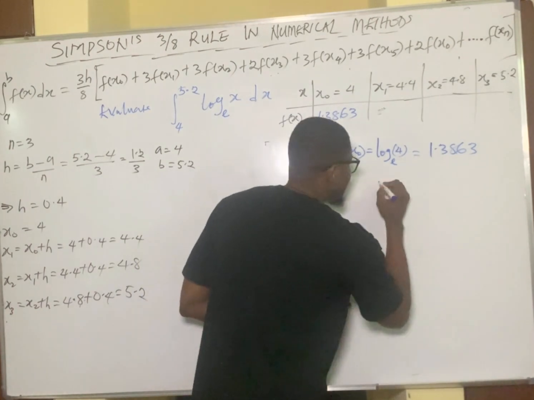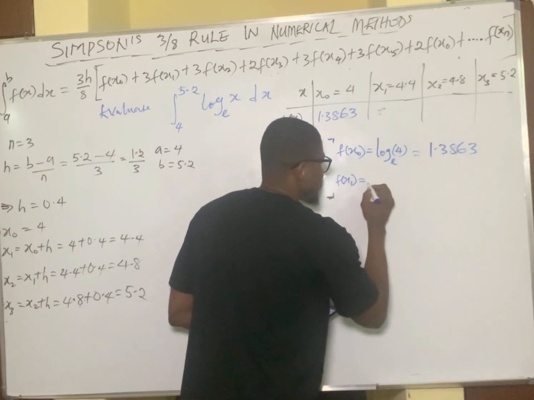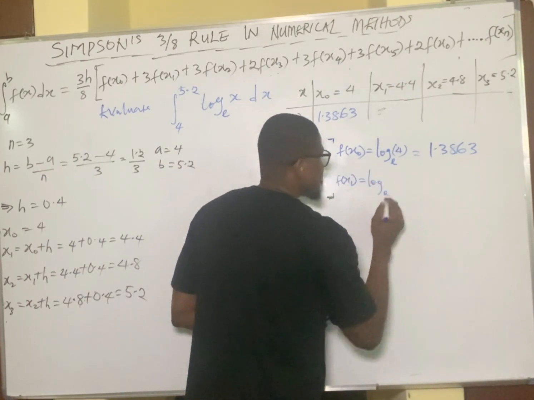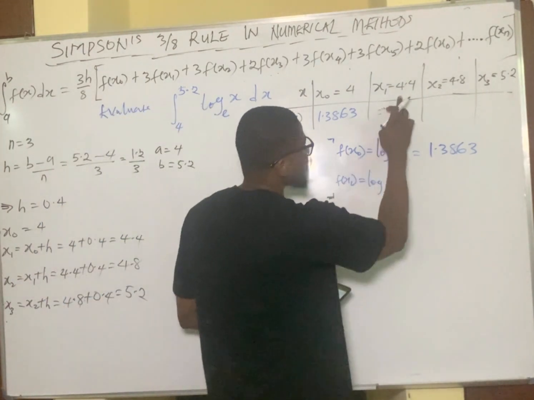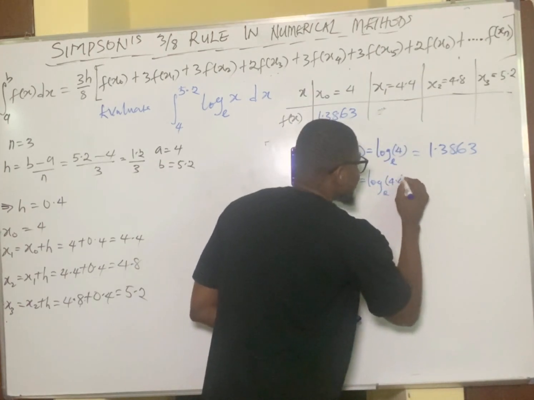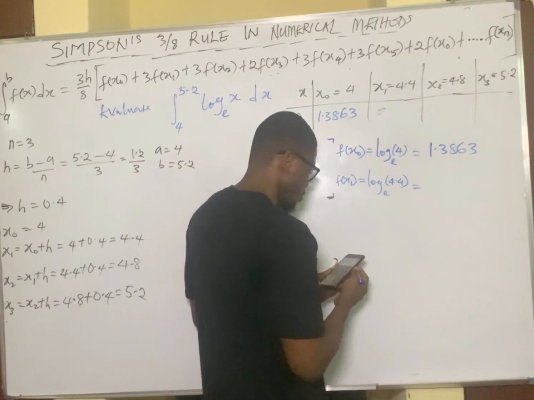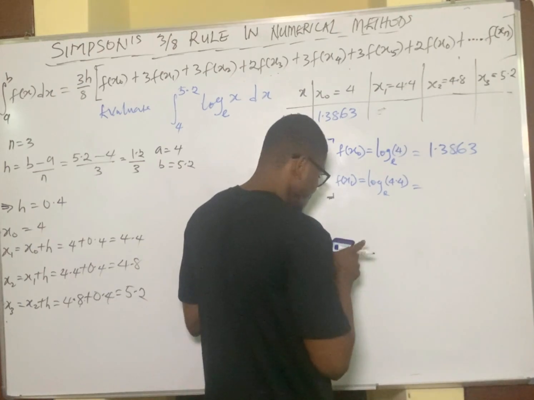Next, we find the value of the function when x is x1. We find f of x1. This is going to be log to base e of x1, and our x1 is actually 4.4. So log to base e of 4.4.